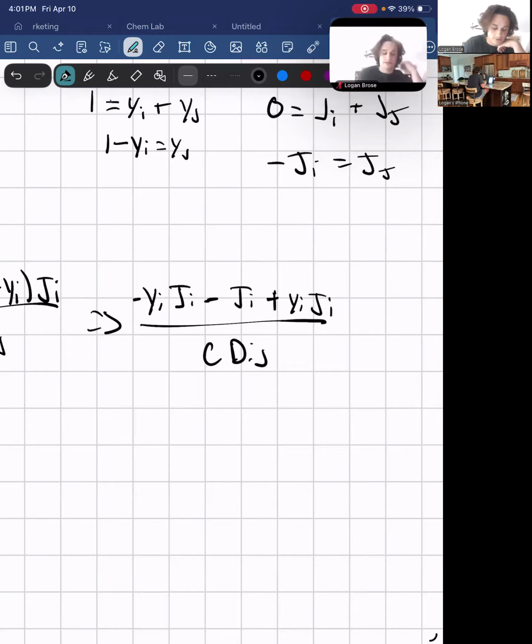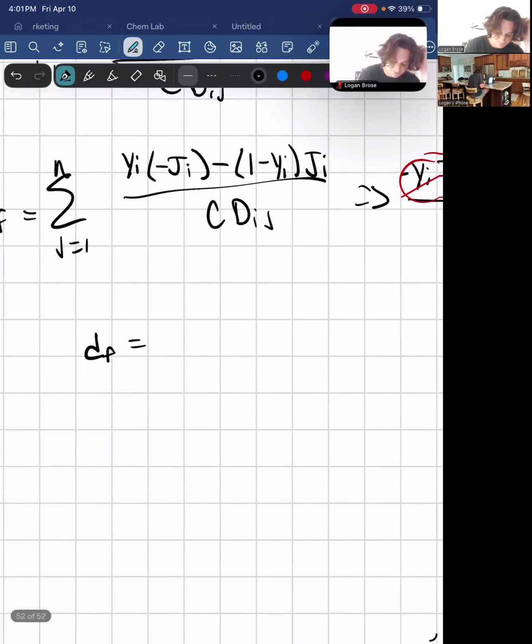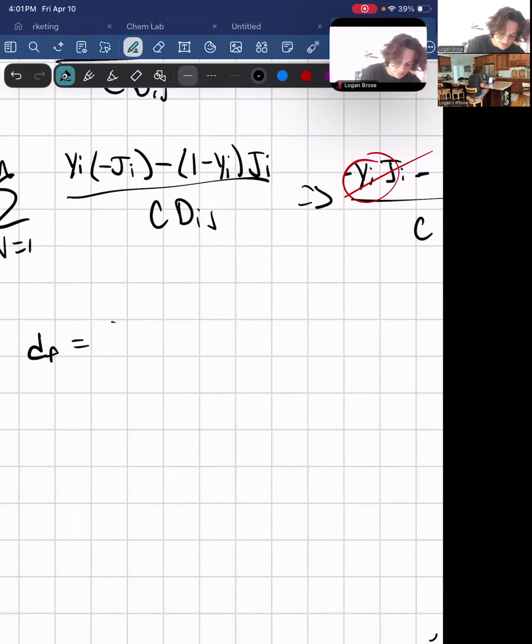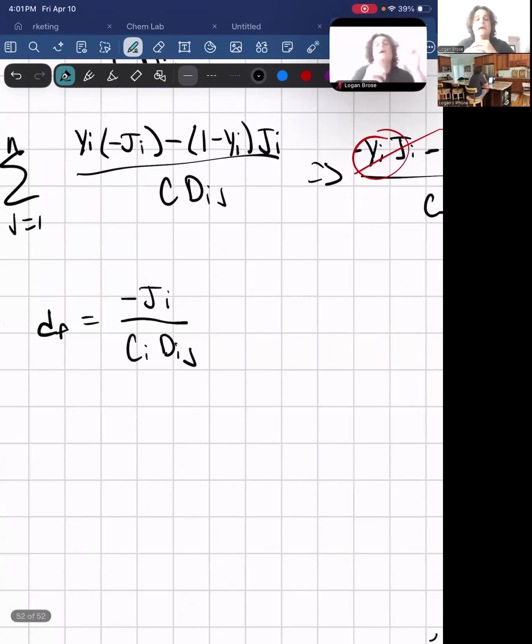And so we look at this and this, exact same, just negative and positive. Those cancel out. And so this is then rewritten as our driving force equals negative ji over cDij, right? And so what's our driving force? That is our dxi over dz.